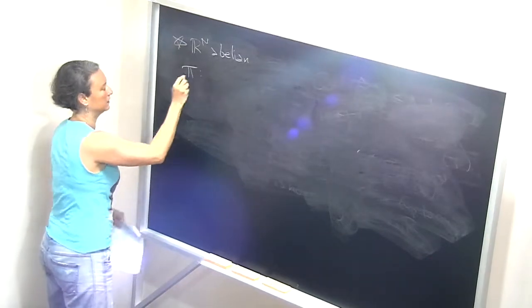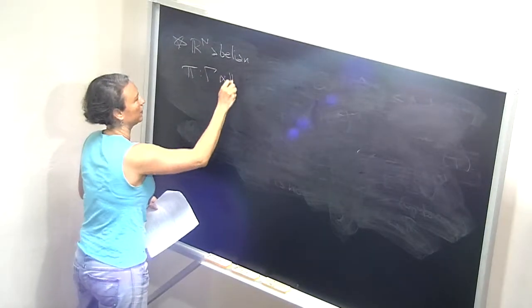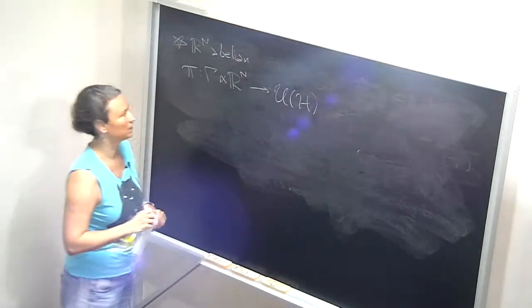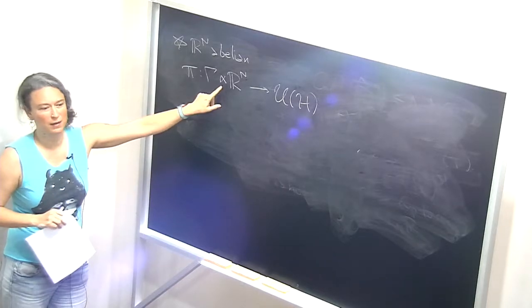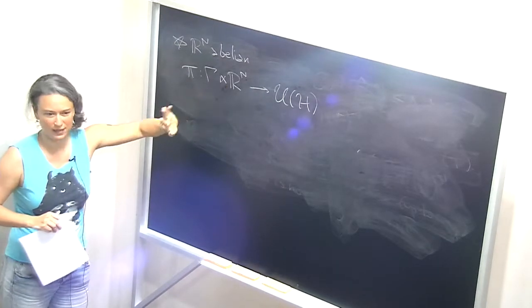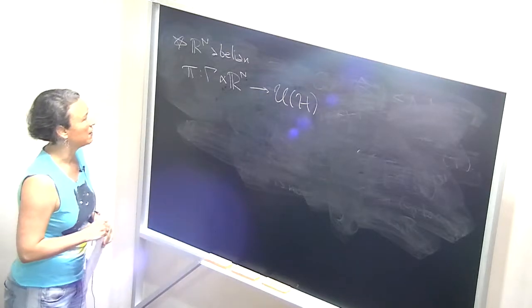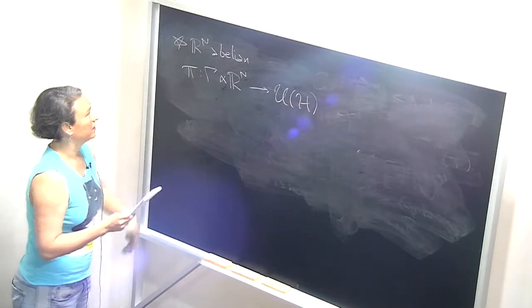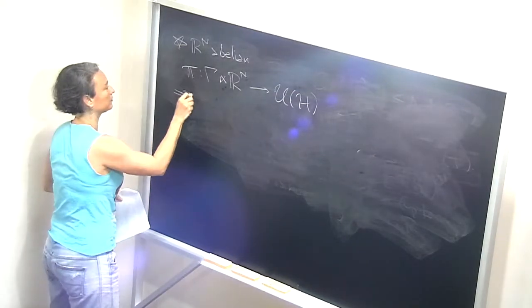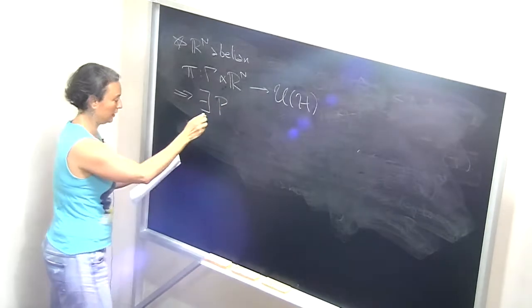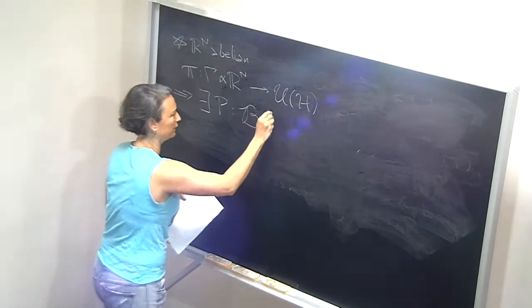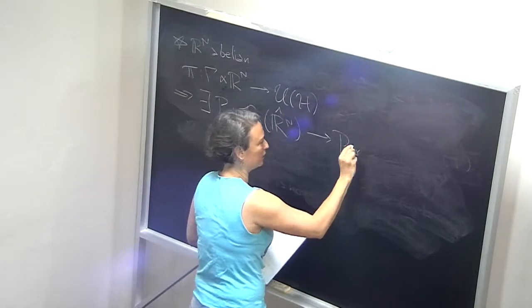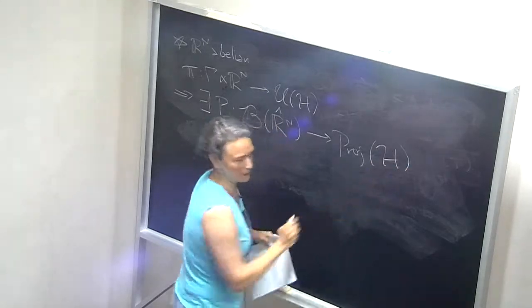So fix pi, a unitary representation of the semidirect product with R^n, on H. Notice I have dropped my acting map phi, okay, but it's implicit. And I'm no longer assuming this is irreducible. Given such a unitary representation, there exists P from the Borel sigma algebra of R^n dual to projections on the Hilbert space.